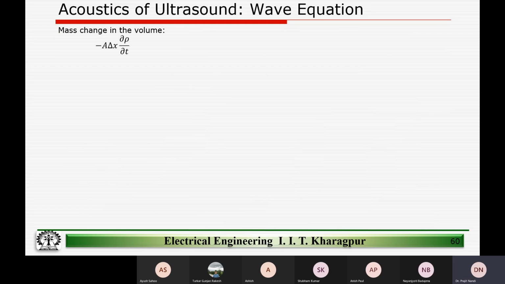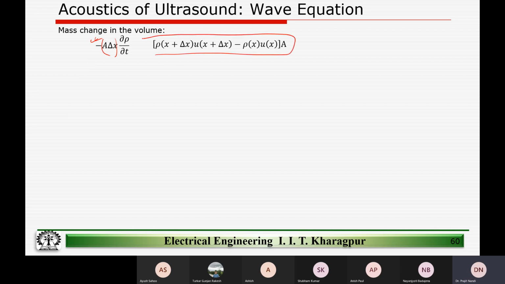Okay, and also what we said yesterday, what is the mass that is changing in the volume that we assume? What is the mass that is flowing out? Because it is flowing out, that's why we have written a minus. So minus A times delta X, so this is the volume, right? And del rho del T, right? So this is the mass that is changing inside the volume, and which we can also write in this term.